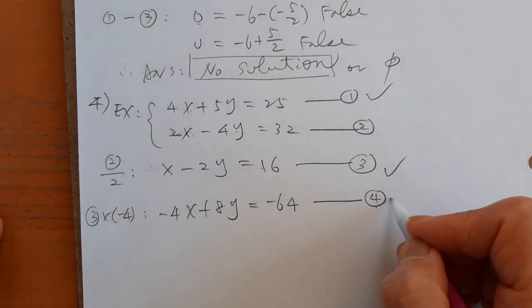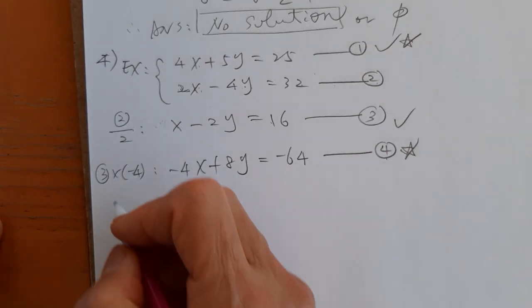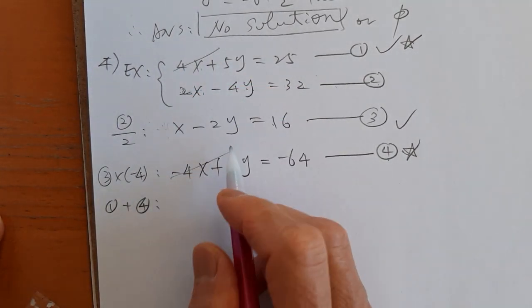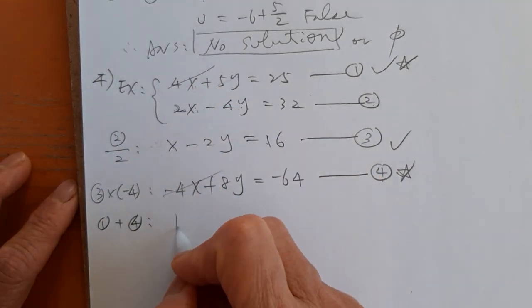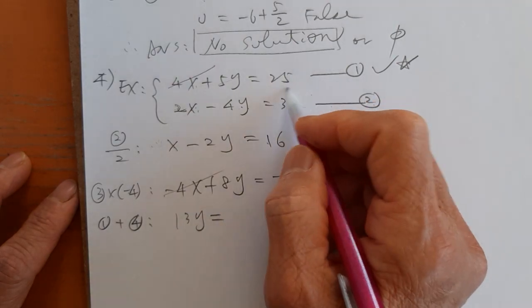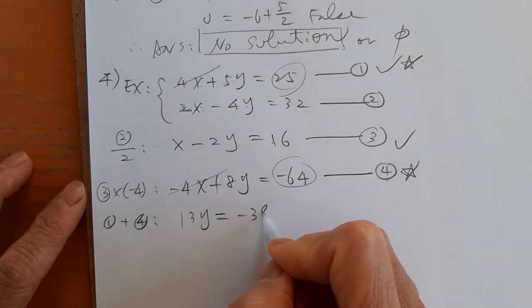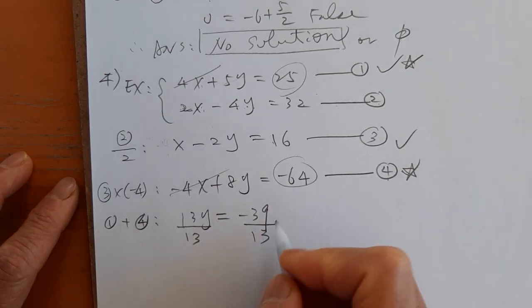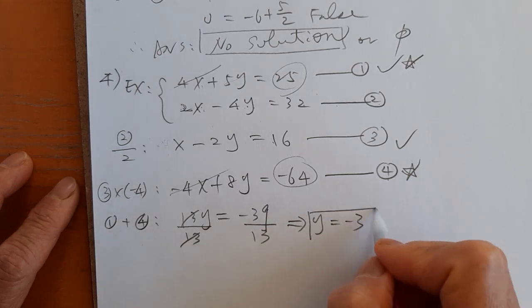Then this fourth equation combined with the first equation, add together. 4x add negative 4x is 0. 5y add 8y is 13y, equals 25 add negative 64, which is negative 39. Then you divide both sides by 13. 13 cancels, so you get y equals negative 3.